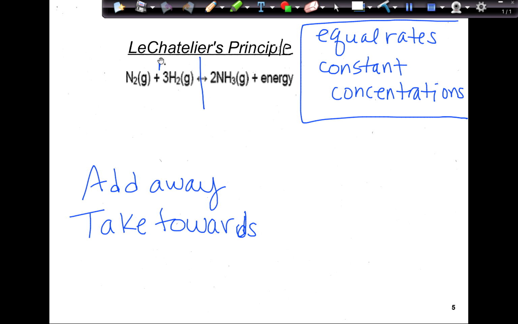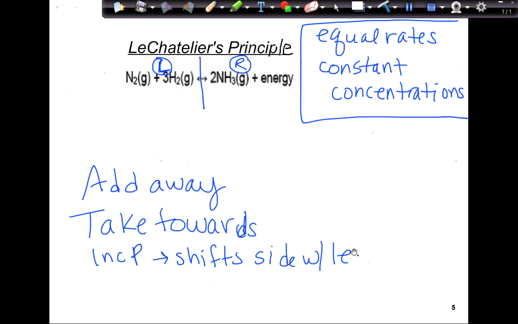I always say that we should always put in our left and our right so that we can talk about shifting right or shifting left so we don't mix up our sides. And we also have the additional rule of increasing pressure shifts to the side with less gas.